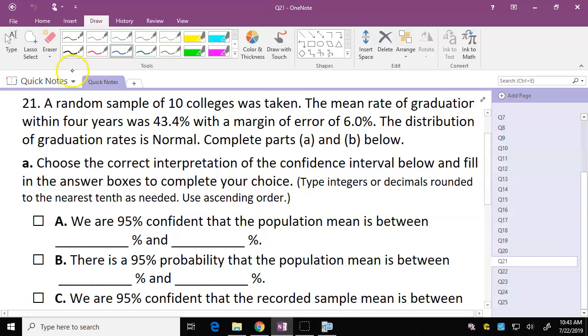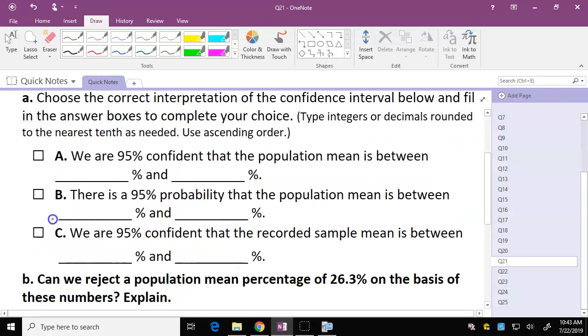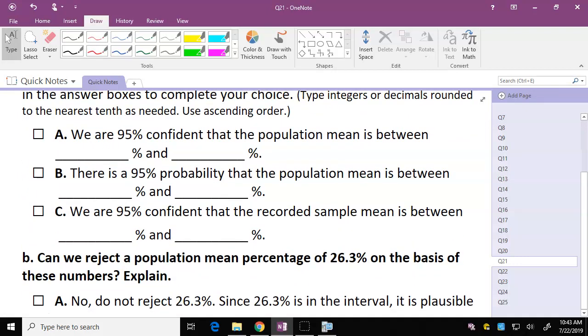So that's pretty important for us. So that means we know CLT should be okay. And so choose the correct interpretation of the confidence interval below and fill in the answer boxes. All right, so let's talk about this confidence interval. Which one do you think it is?